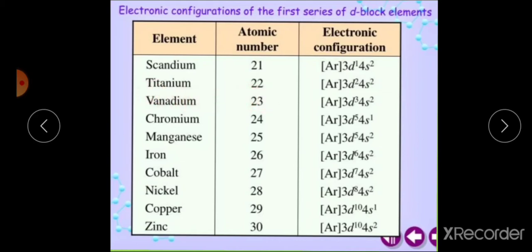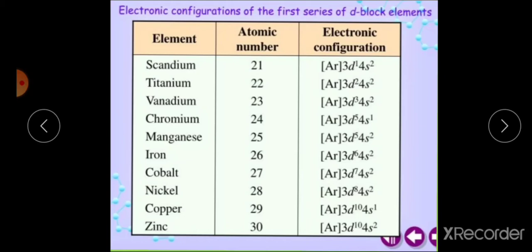Titanium, 22, is argon 3d2 4s2, meaning each electron is successively filled in the (n-1)d subshell. You can see the electrons are successively filled 3d1, 3d2, 3d3, and so on, in the (n-1)d subshell in d-block elements or transition elements.